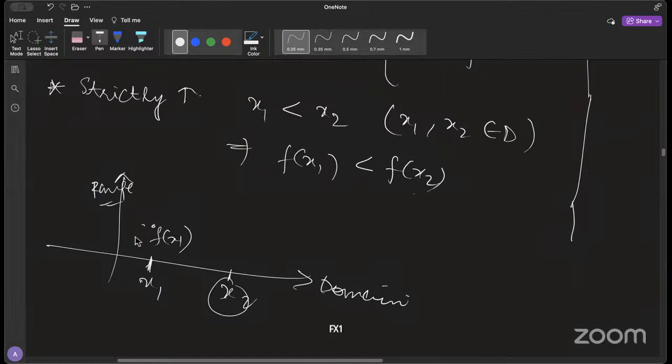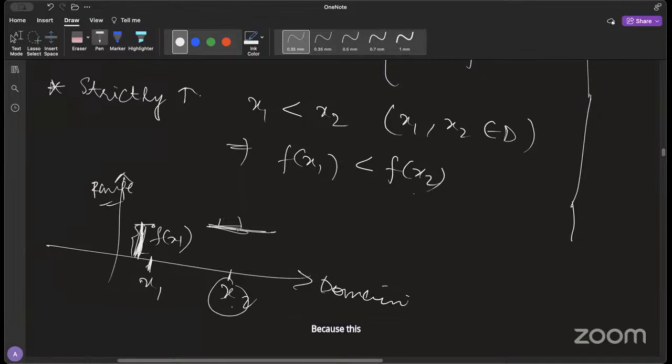This height is f(x1). So if this height is this much, then at x2 your height should be greater than this height. That means it should be above this line.